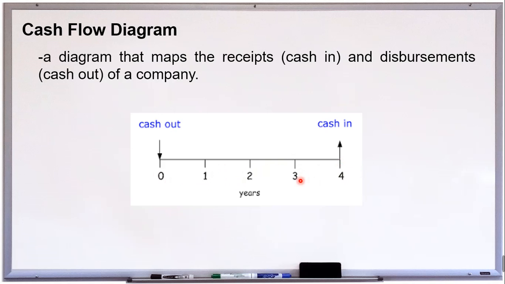These scales denote the number of years for the transaction, and the transactions, especially money, are represented by arrows. These arrows have distinct directions. The arrow that points downward indicates an outflow of money, so that's cash out. If the arrow points upward, it indicates an inflow of money, which we term cash in.